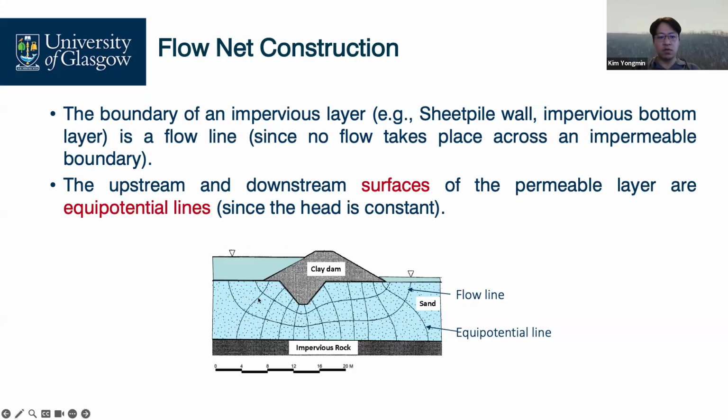Let's count. 1, 2, 3, 4, 5, 6, 7, 8, 9, 10, 11 equipotential lines. Let's pick one equipotential line randomly, let's say this. All points here, here, here, here, here, all points on this equipotential line have the same total head. Hi, Prof, does it make sense? It doesn't make sense. No, it makes sense. I'm going to show you later.